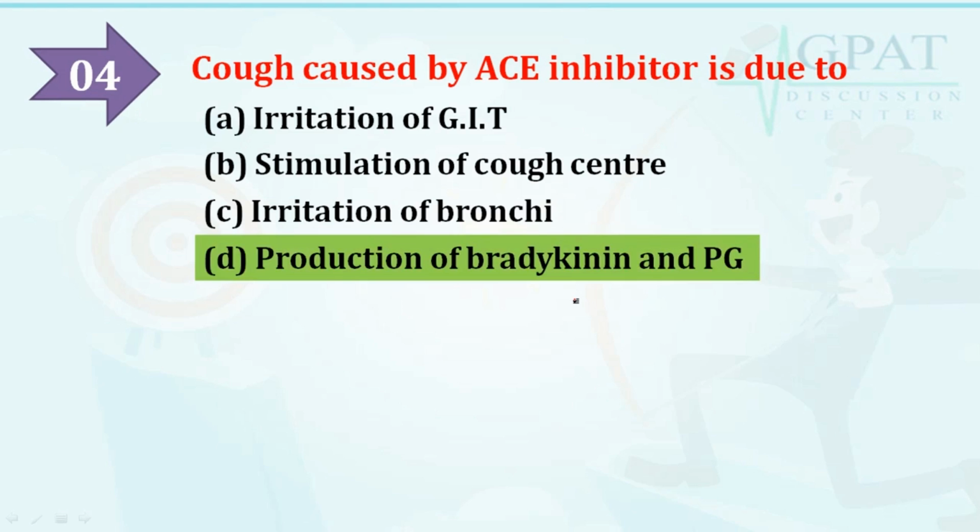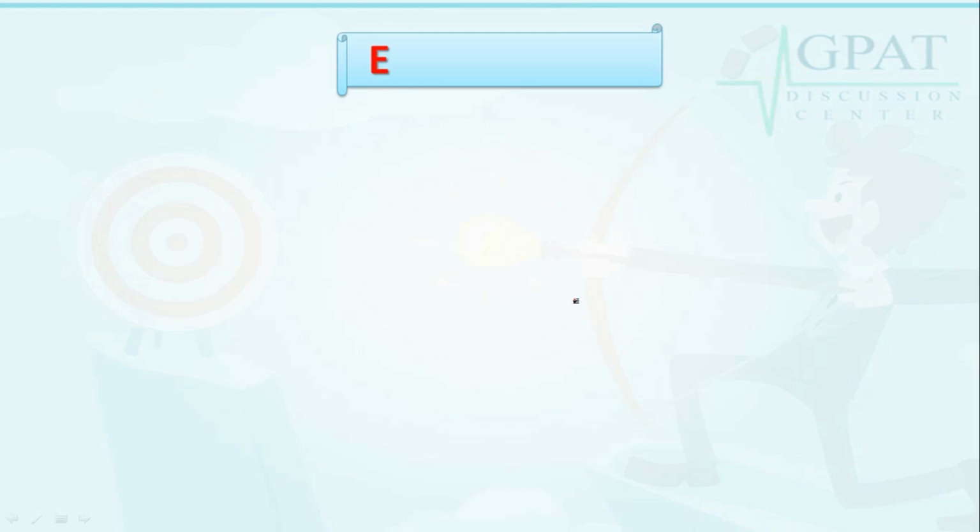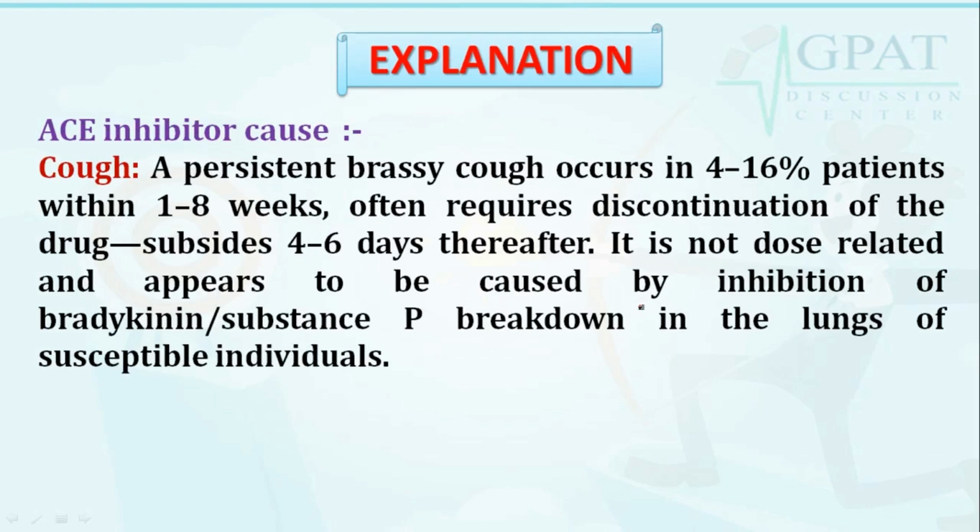And the right option is production of bradykinin and prostaglandin. How? Let's see the explanation of this question. ACE inhibitor causes development of cough. It is a persistent brassy cough that occurs in 4 to 16% of patients within 1 to 8 weeks.